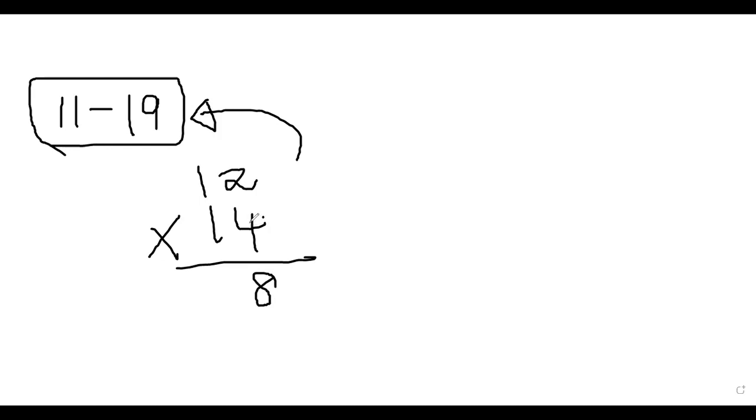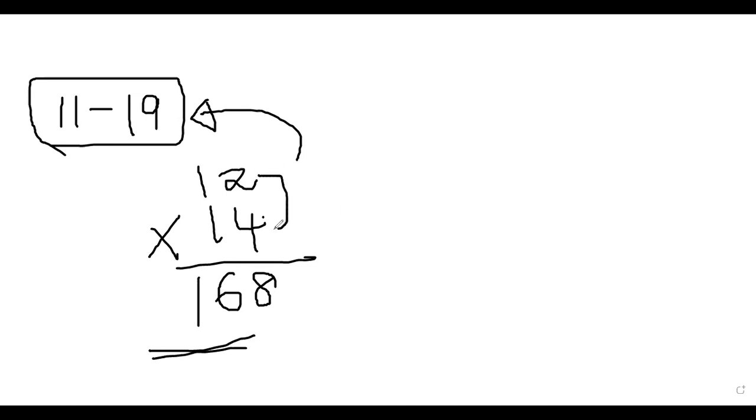So 4 plus 2 will be 6. That 6 will come over here. And then we multiply the first digits, which will always be 1 if there are no remainders, so 1 times 1 is 1. So this is the answer, 168.